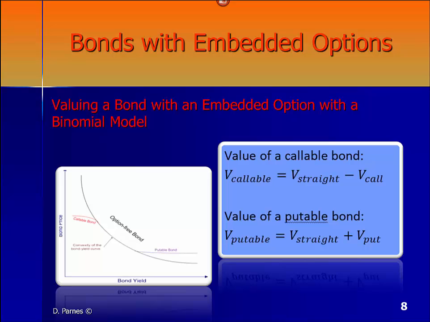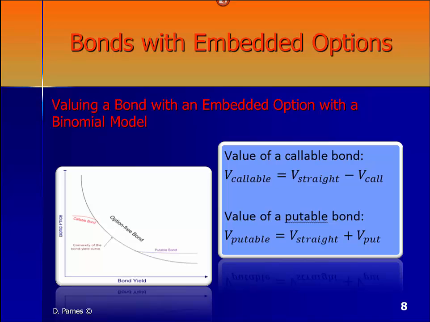As you can see in the red line, it says callable bond value. So the value of a callable bond is converging to this line. Why is that? Simply because at some point when the yield and the interest rate go too low, the issuer will buy back the bond. So the bond price cannot increase too much.